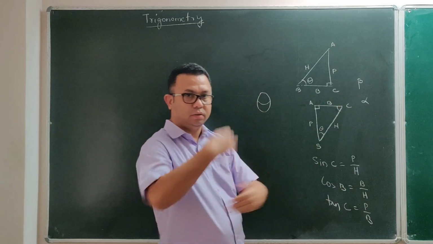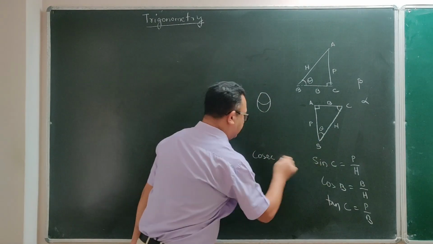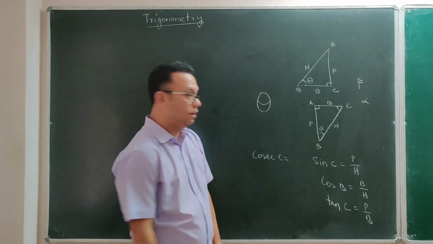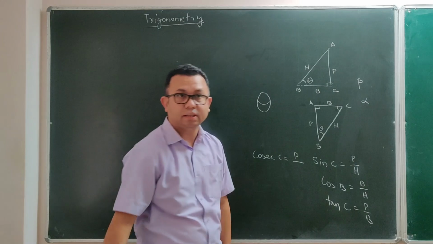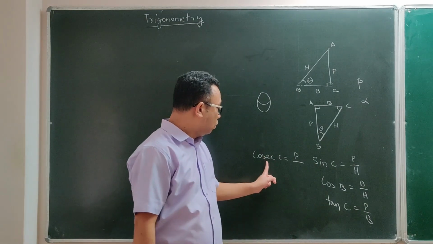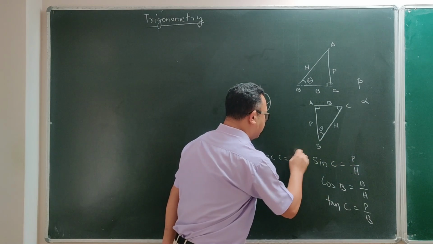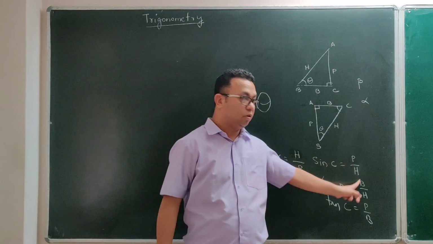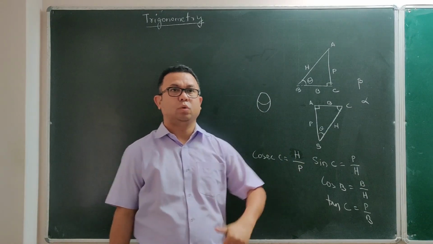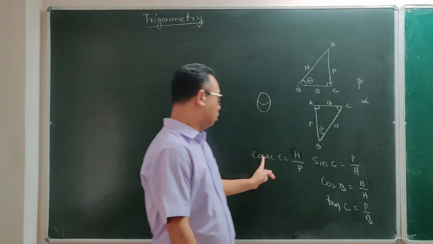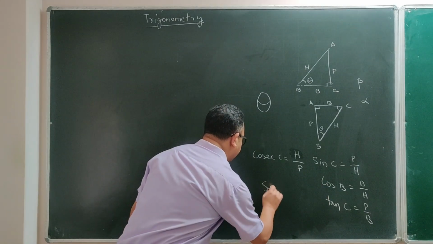Sine's reciprocal is cosec. So cosec is hypotenuse by perpendicular. Since cosec is the reciprocal of sine, if sine is P by H, cosec becomes H by P. Similarly for cos, it is sec.